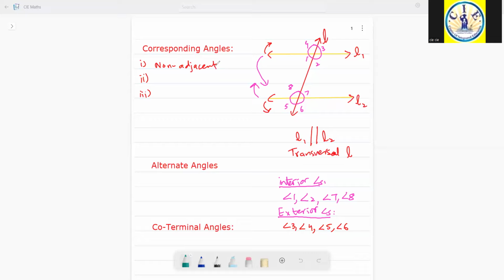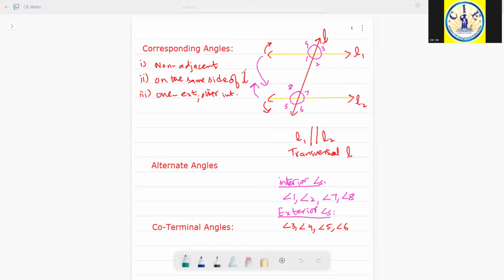The second one is these should be on the same side of the transversal line L. And one should be an exterior angle, the other should be an interior angle.